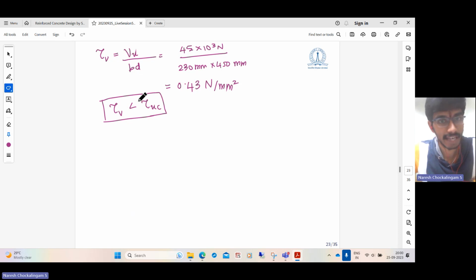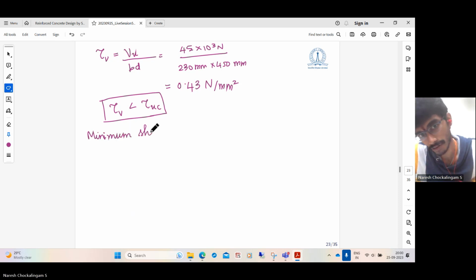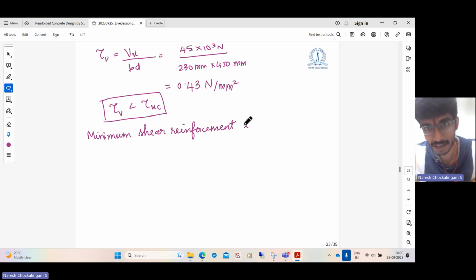But that doesn't mean we need not provide any shear reinforcement. So we need to provide minimum shear reinforcement. Why? So minimum shear reinforcement to be provided. Why is that so?